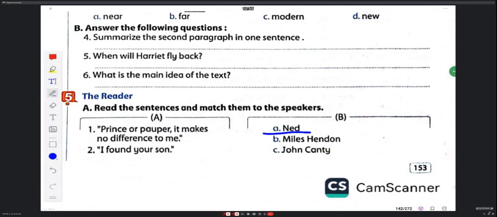Ned was John Canty's sister. John is Canty's friend, the friend who told him you hit the man, you killed the man, you are in danger.